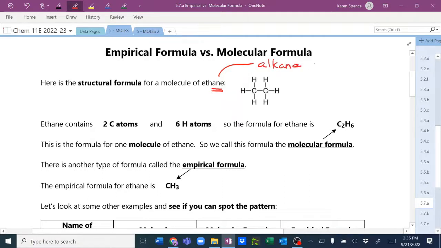Alkanes are only carbon and hydrogen and only single bonds. So it's a hydrocarbon, yes. It's a very straightforward hydrocarbon. So when you see the ending ane, that means you have a singly bonded hydrocarbon.